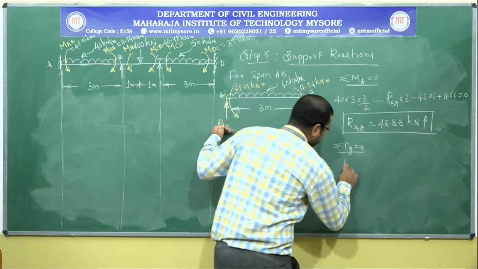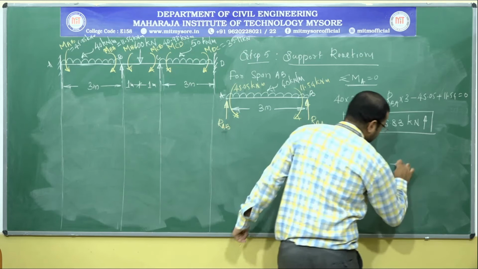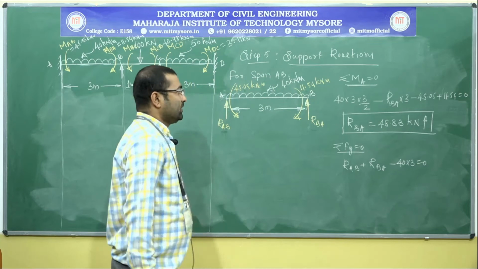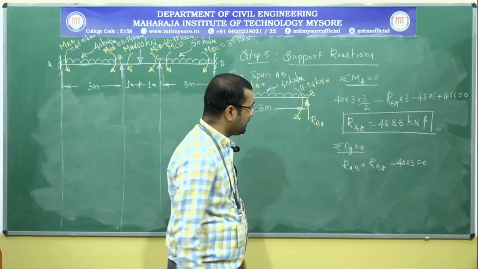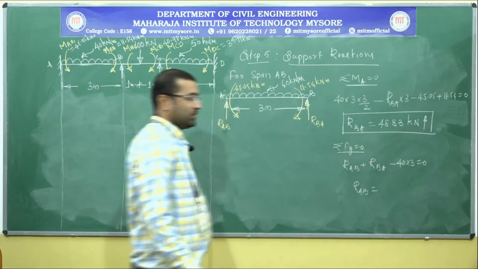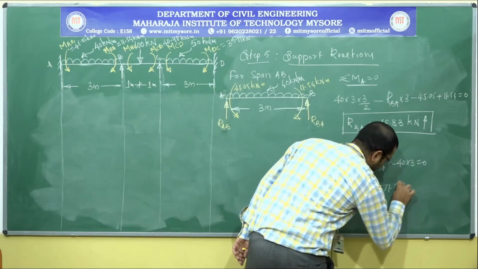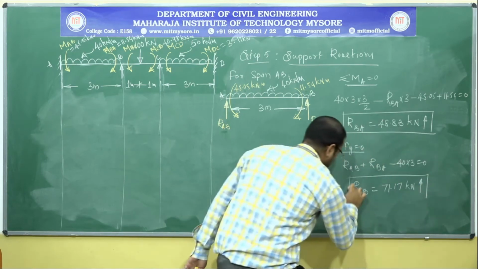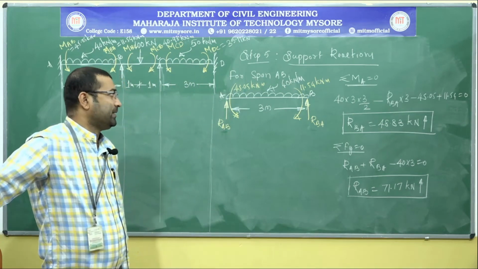So RAB plus RBA minus 40 into 3 equals 0. So we have the value for RBA as 48.83 kilonewton. Now RAB we will get as 71.17 kilonewton, right. So this is the reacting component at A.